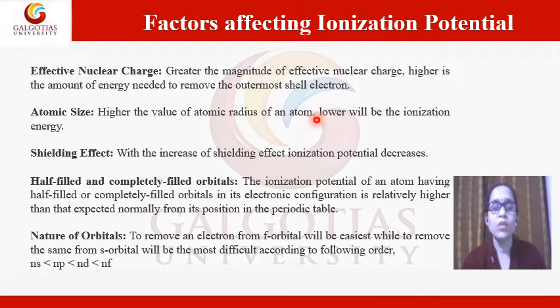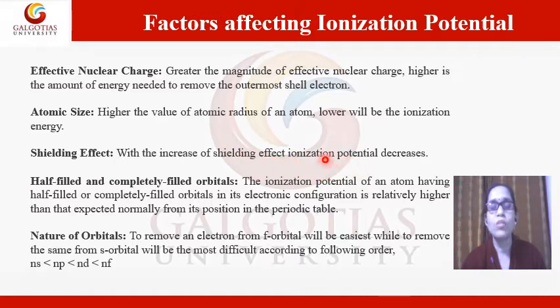Then see the effect of shielding effect or screening effect. We know what screening or shielding effect is. If there are inner shells present between the nucleus and valence shell, these inner electrons act as a screen, and decrease the effective nuclear charge of the nucleus on the valence electron.